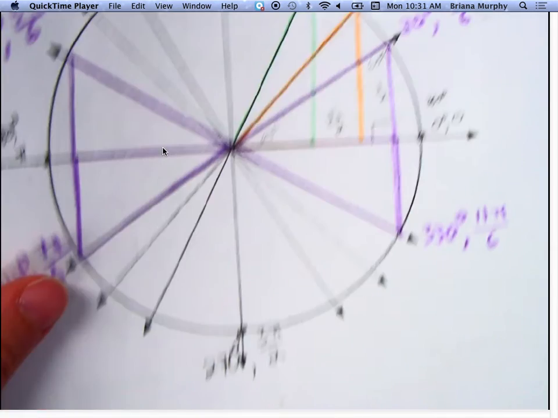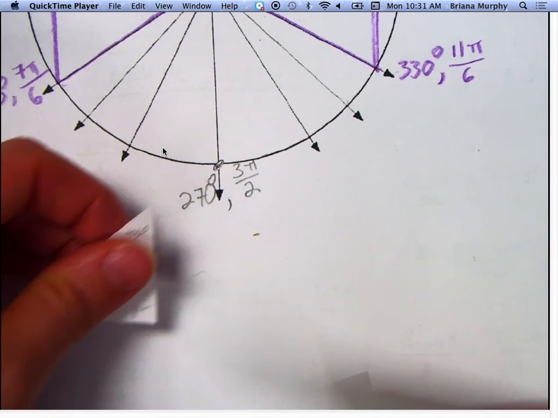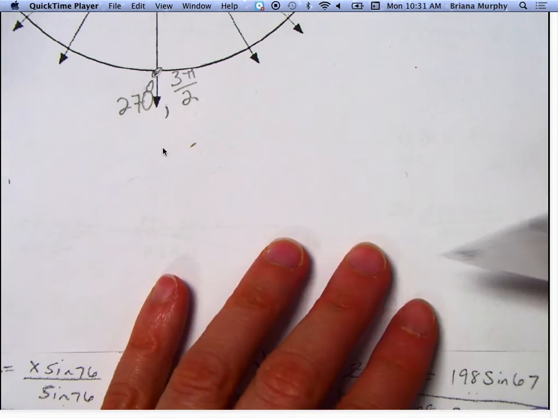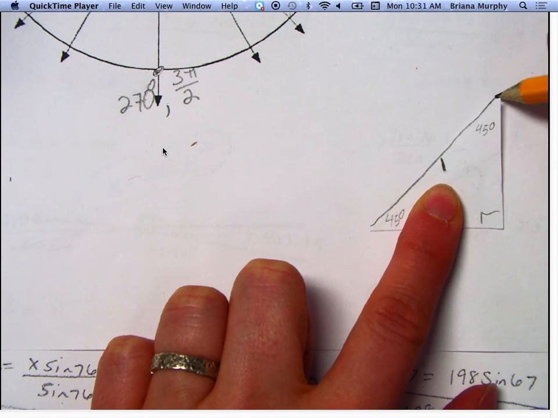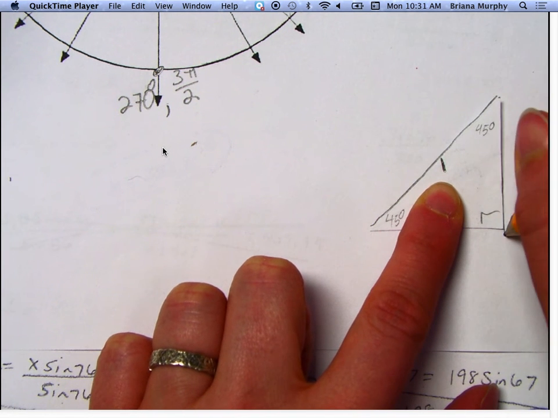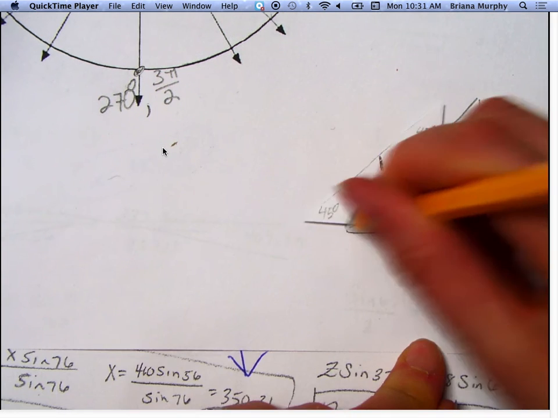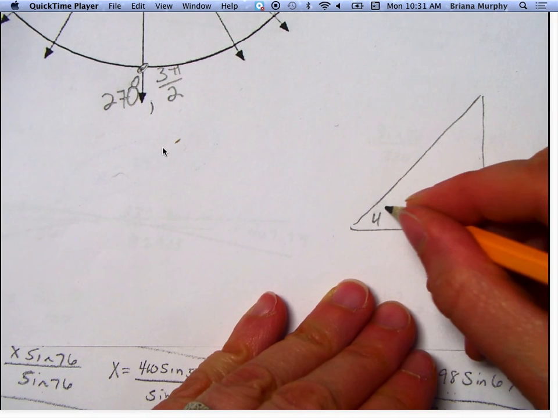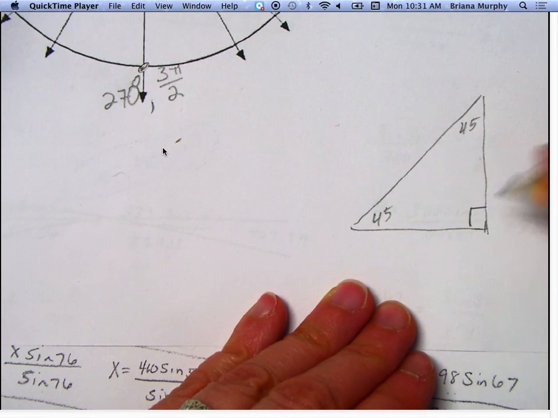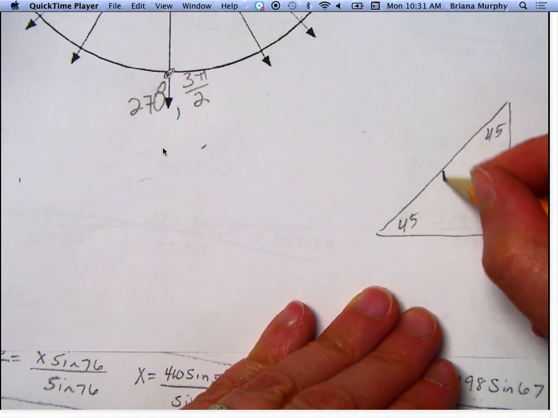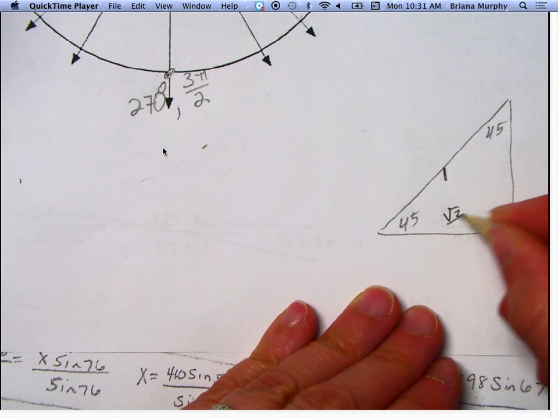This might be something you want to draw at the very bottom of your unit circle where you have room. Let's draw a 45, 45, 90 triangle. This is 1. These are square root 2 over 2.